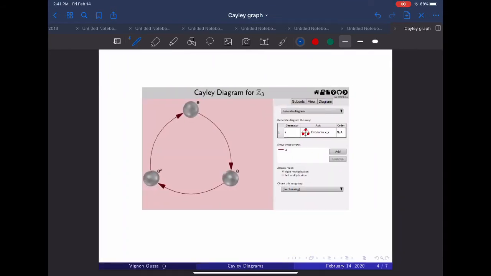Now let's look at the generating set. A generating set here, S, is the singleton containing A. Like we said, we'll have a graph, and in our graph, each vertex corresponds to an element in the group. So this is the identity element.